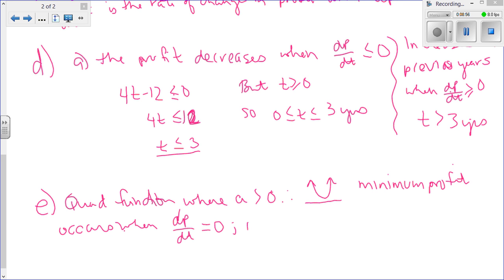So in this case, t is equal to 3. Because if I set 4t minus 12 equal to 0, I'm still going to get 3 for t.